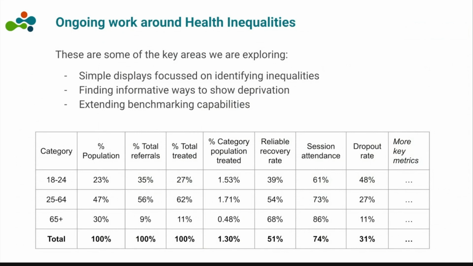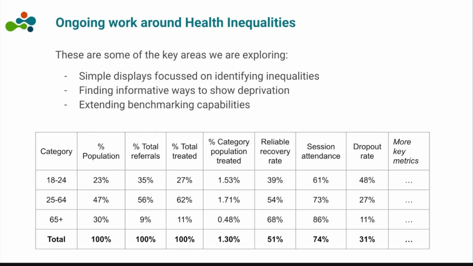We also recognize the importance of deprivation, and we are bringing that into some of our dashboards, and developing new ones so that we can show your service data through that lens of deprivation, allowing you to filter data by that or break it down by different deprivation groups. And we're also looking into extending our benchmarking capabilities, which I'll mention in just a moment.